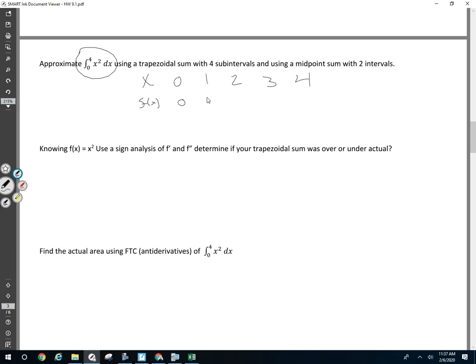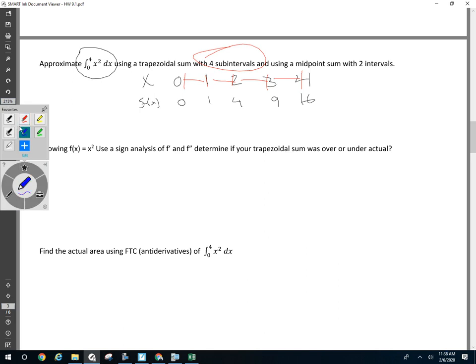F of x would be 0, 1, 4, 9, 16. 4 subintervals, 4 shapes, 0 to 1, 1 to 2, 2 to 3, 3 to 4. Midpoint sum, 2 shapes. Your shape would be from 0 to 2, and then 2 to 4.